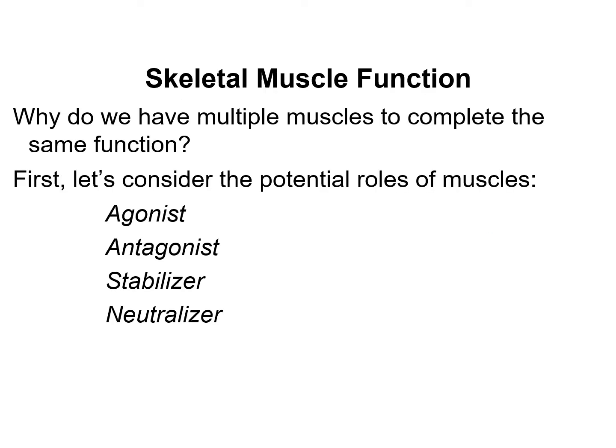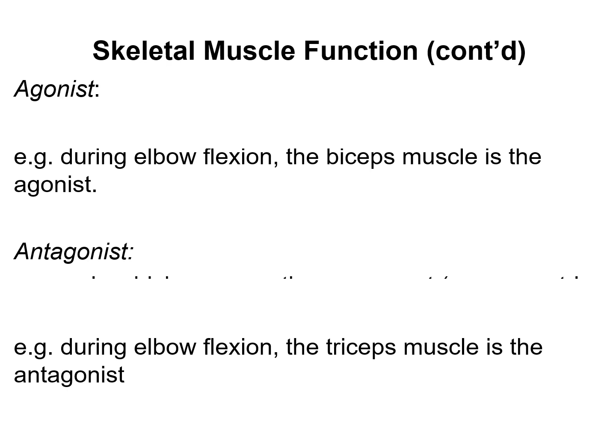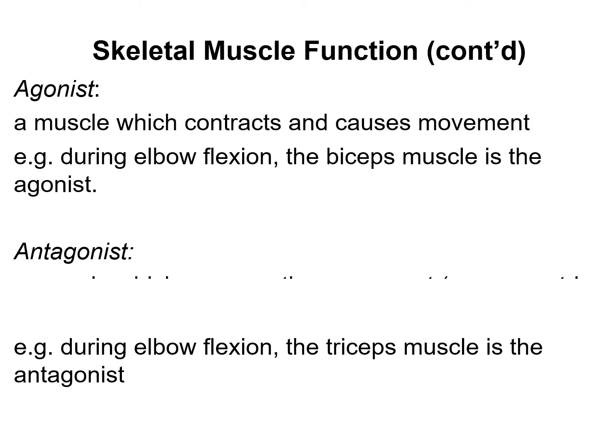So, skeletal muscle function. Why do we have multiple muscles to complete the same function? Because there's multiple roles a muscle can be. We have an agonist, an antagonist, stabilizers, and neutralizers. An agonist is a muscle which contracts and causes the desired movement.